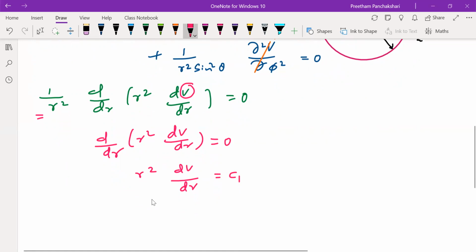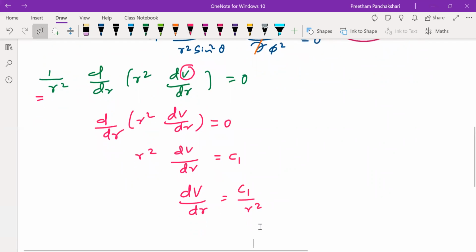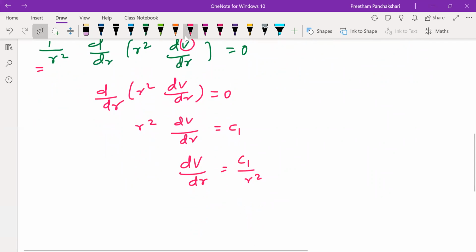Now, further, r square can be taken to the right side because we want only V here. So it becomes c1 by r square. So one more integration needed now. We shall integrate now.